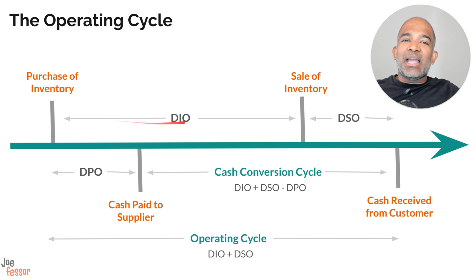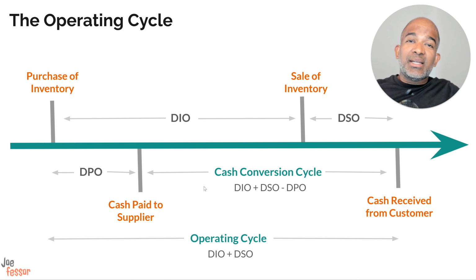The DIO, which is the days supply of inventory, is the time the inventory sits on the shelf. The DSO, which is the days supply of receivables, is the time until the cash is collected. However, the key is the cash conversion cycle. This is the time cash is actually tied up in the business.